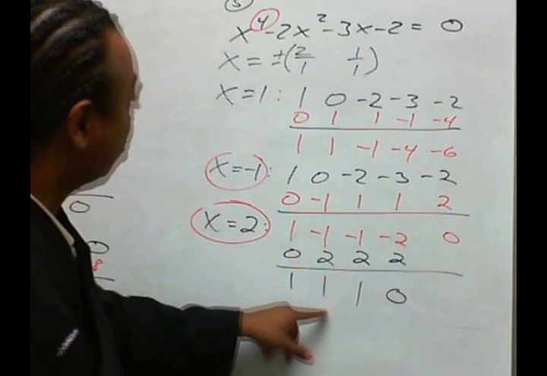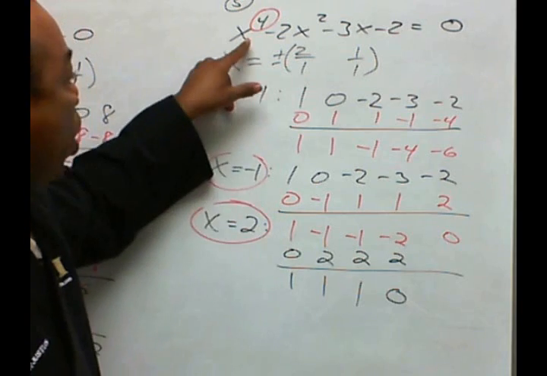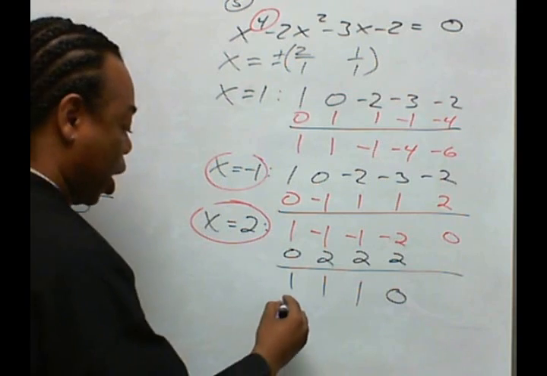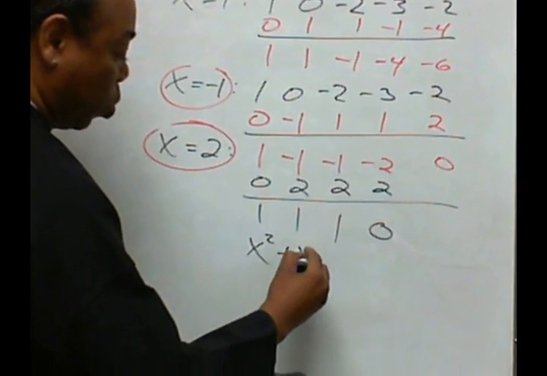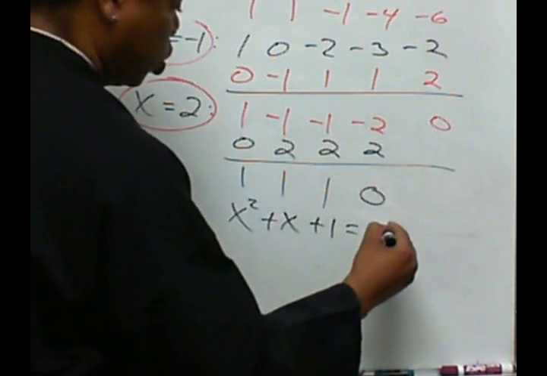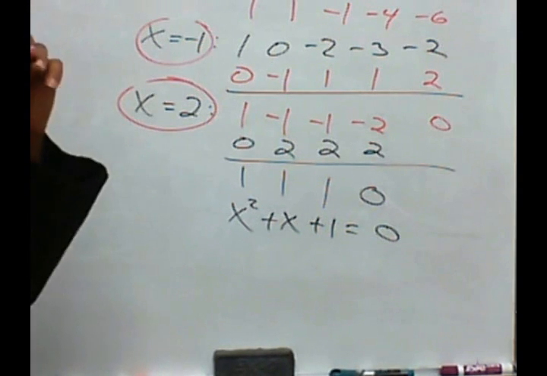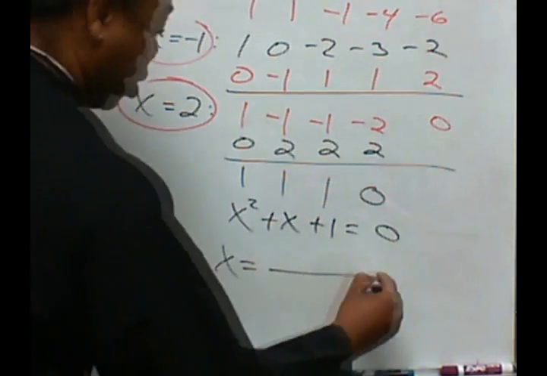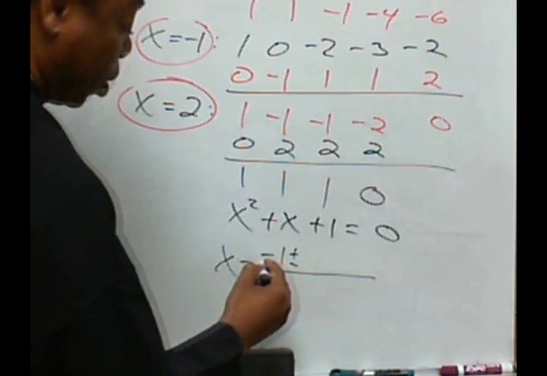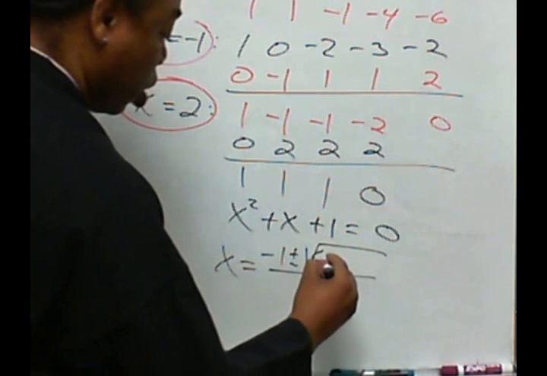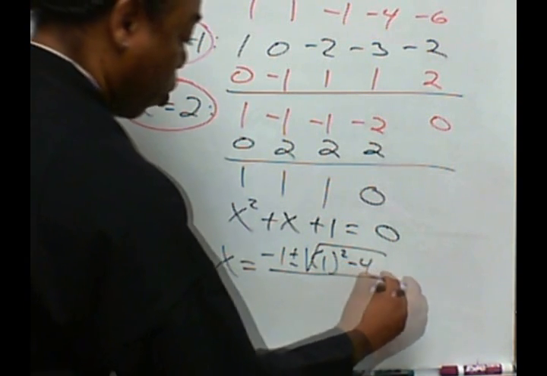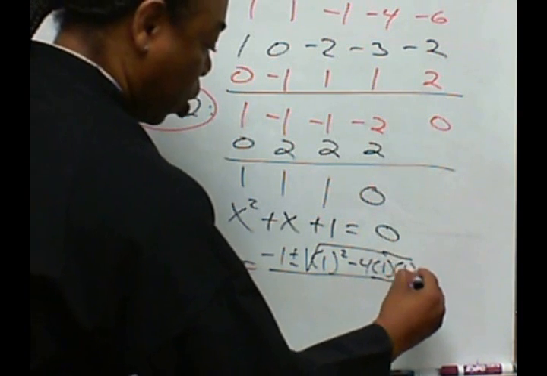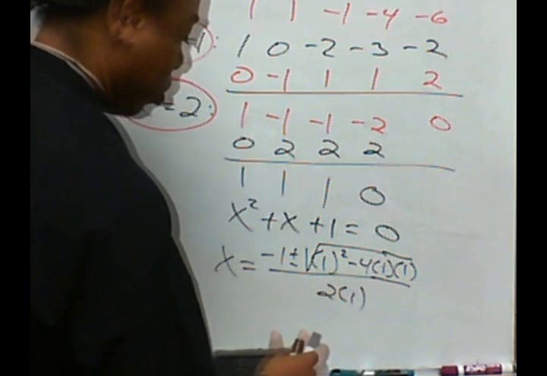Okay, now since I used synthetic division twice on a 4th degree polynomial, this is down to a quadratic. So the quadratic will be 1x squared plus 1x plus 1 equals 0. And I'm going to solve this by using the quadratic formula, where b is 1, so the opposite of b is negative 1, plus or minus the square root of b, which is 1 squared, minus 4 times a, which is 1, and c is 1, all over 2 times 1.